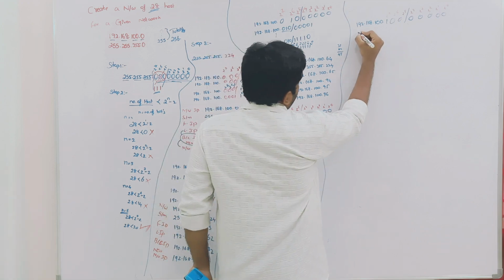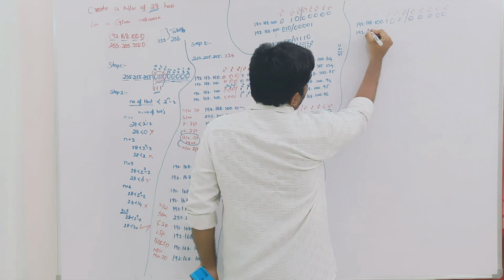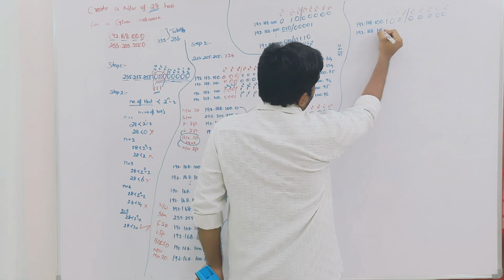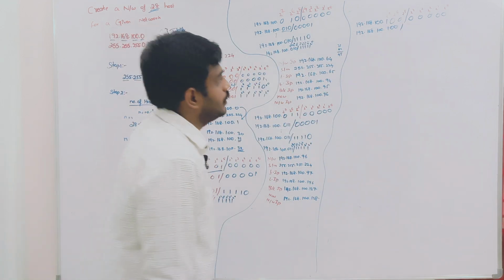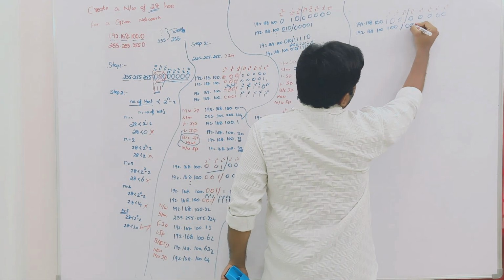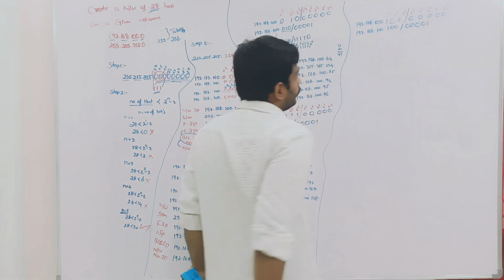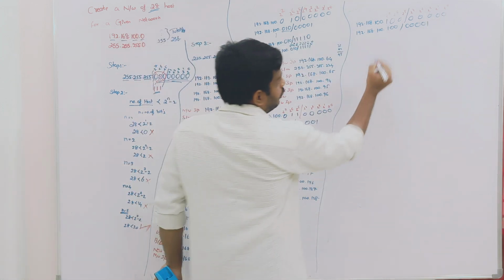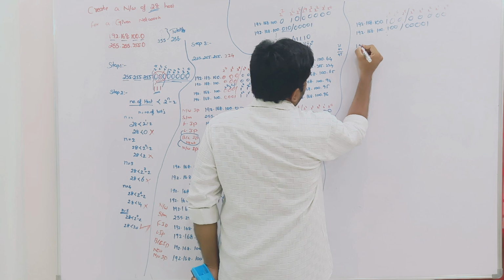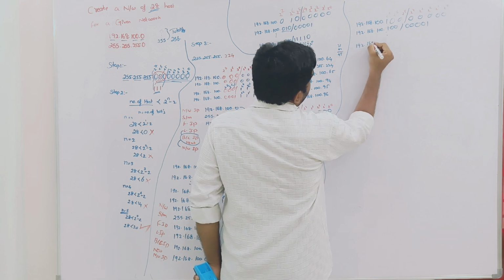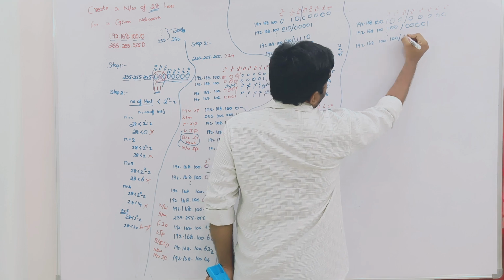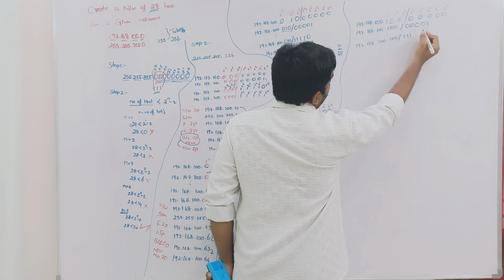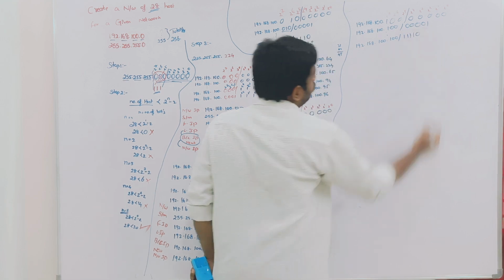So what is the first IP? You write like this: 192.168.100.100 slash, in the host portion, 00001. What will be the last IP? The inverse of the first IP will be your last IP. 192.168.100.100 slash, 0 turned into 1, 0 turned into 1, 0 turned into 1, 0 turned into 1, 1 turned into 0.